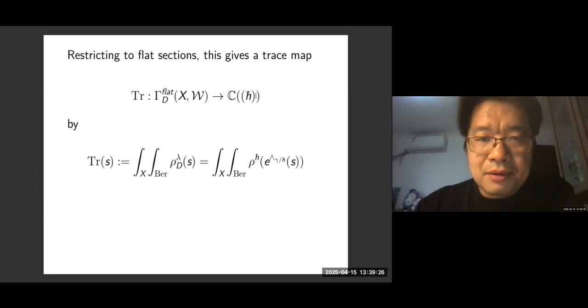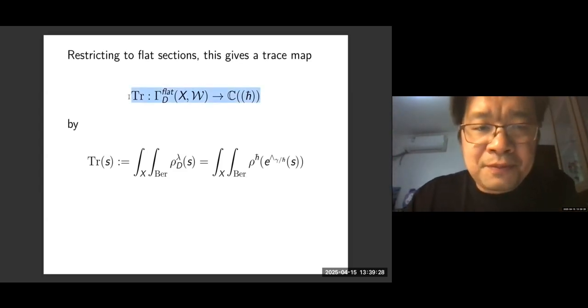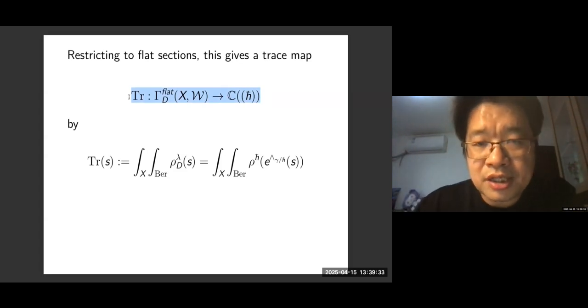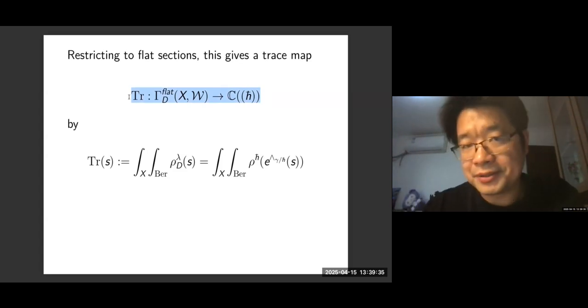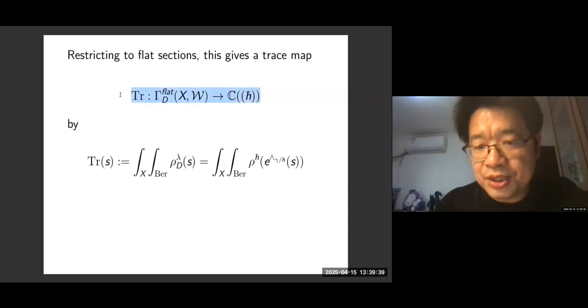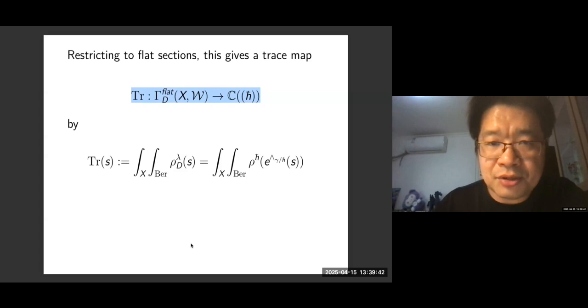So this map will play the role of basically the trace of this quantum correlation for quantized operators. So this is the trace map, which is basically a combination of this algebraic and geometric data.